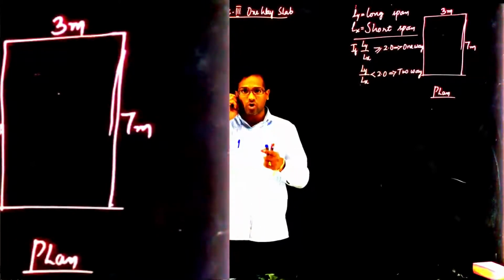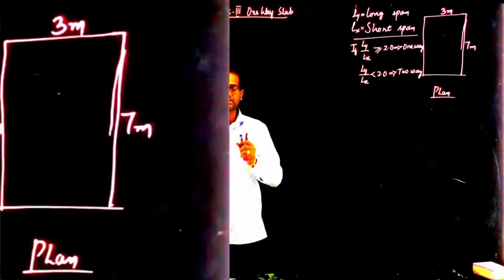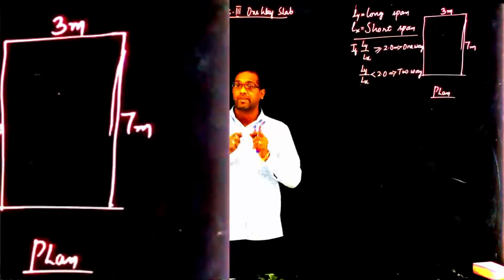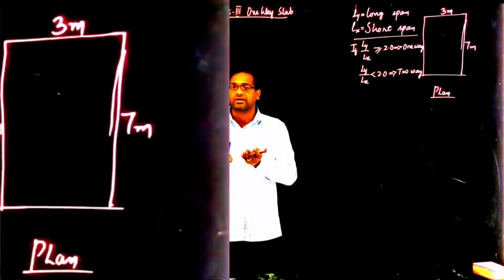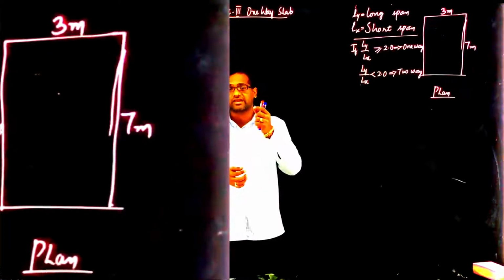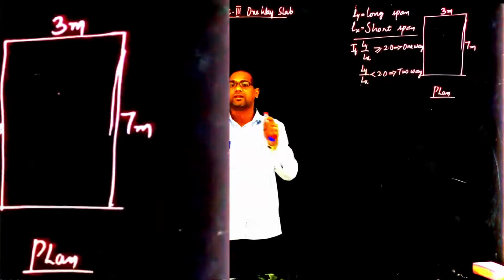The reinforcement is also provided accordingly, which means in a two-way slab the main reinforcement is provided in both directions, whereas in a one-way slab you need to provide main reinforcement in only one direction.